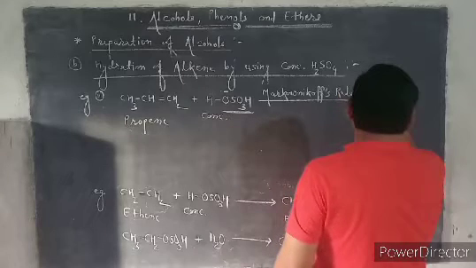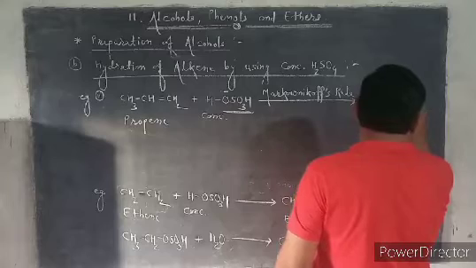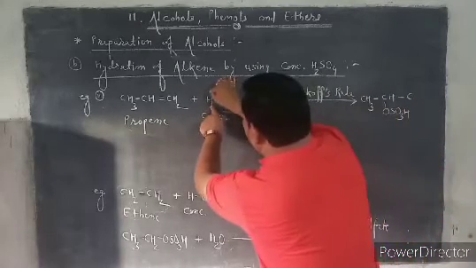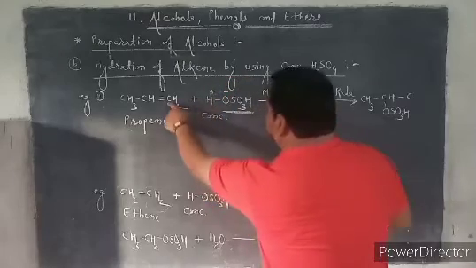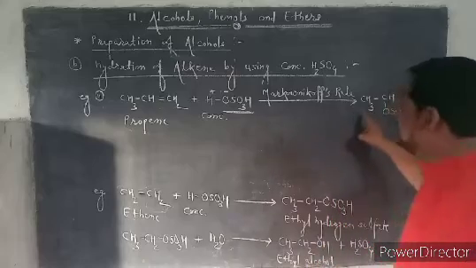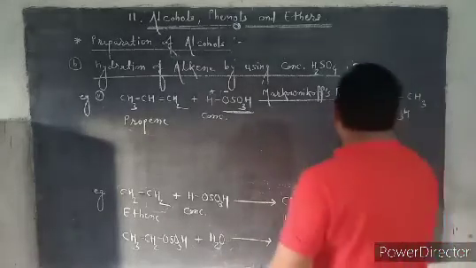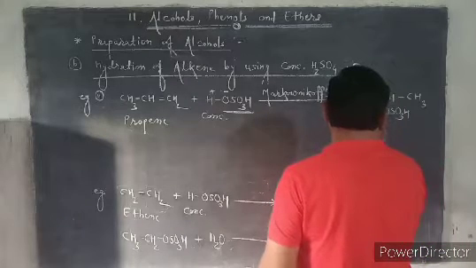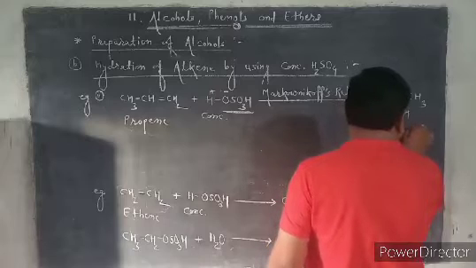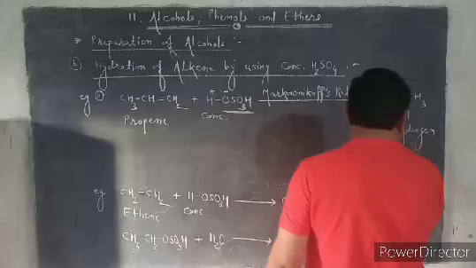It gives CH3CHOSO3H, and the positive part gets attached to the other carbon atom, that is isopropyl hydrogen sulfate.